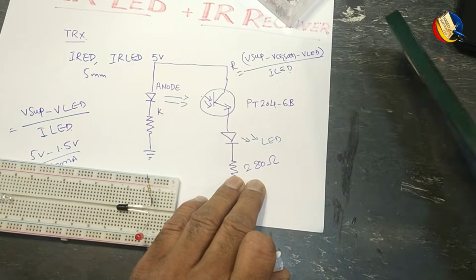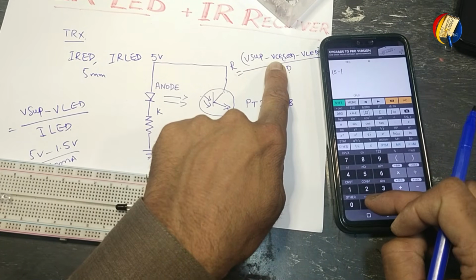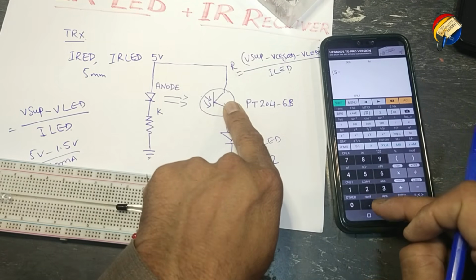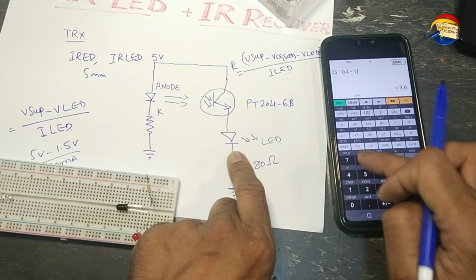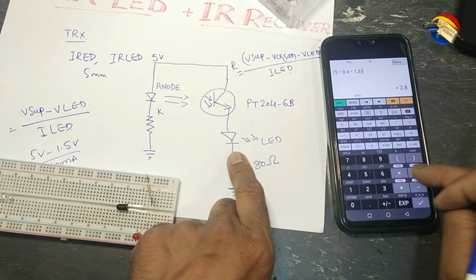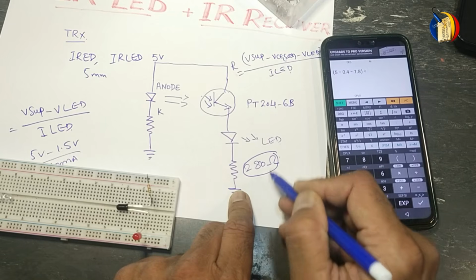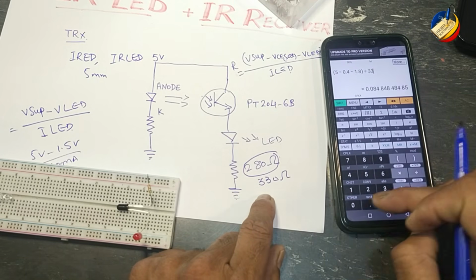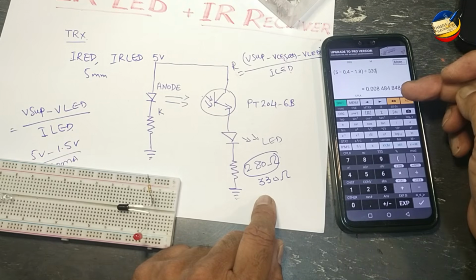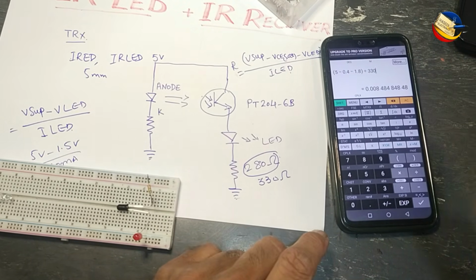Total current now: supply voltage 5 minus VCE saturation voltage 0.4 volt minus LED voltage 1.8 volts, divided by the 330 ohm resistor. This is the calculated value and I am using a 330 ohm resistor. With 330 ohms, the current will be 8 milliampere, 0.008. That's very fine.